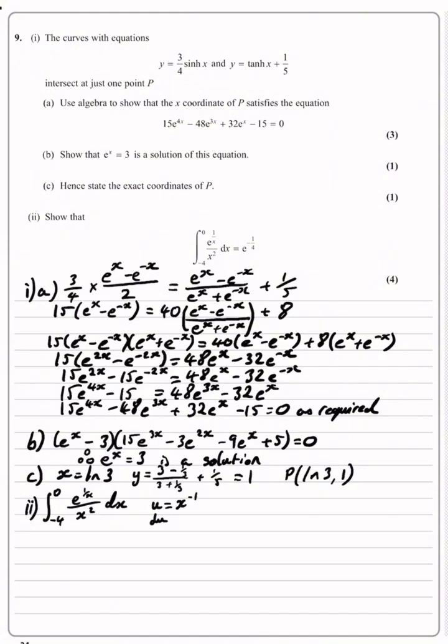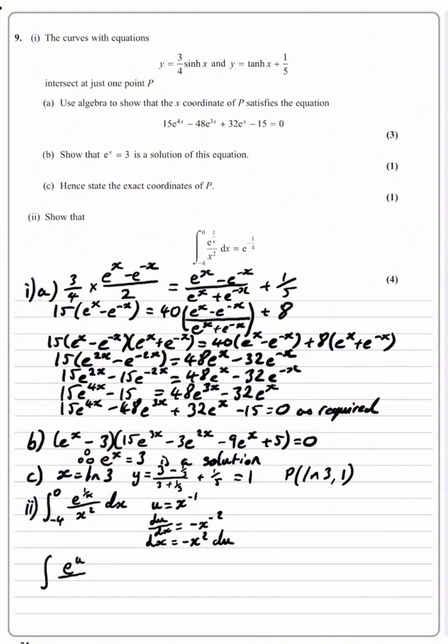Differentiate that, we get minus 1 over x squared. And therefore dx is equal to minus x squared du, if you forgive me for splitting the variables like that.